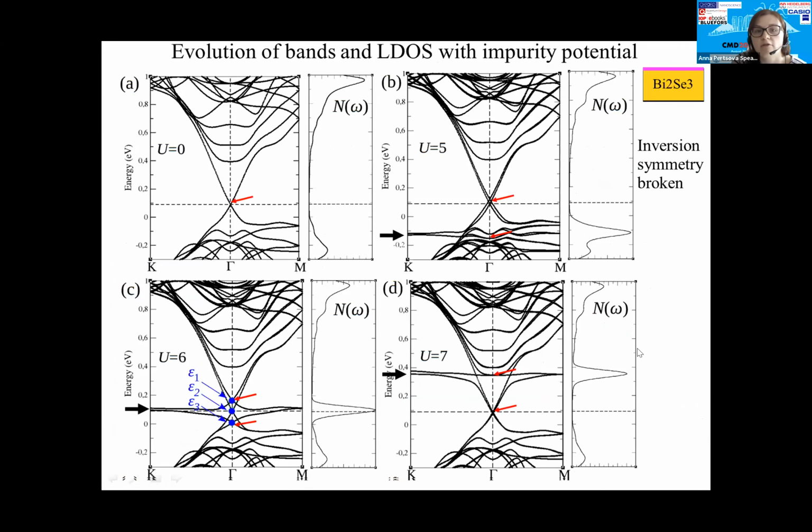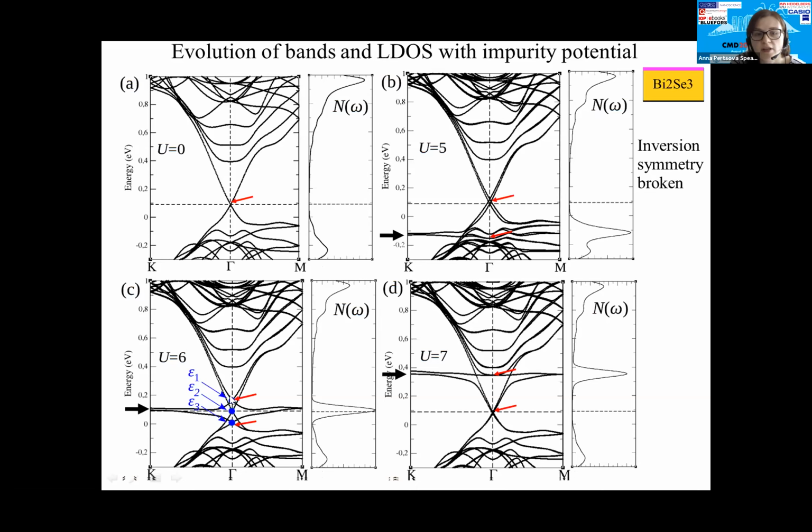If we look at the evolution of the electronic structure with impurity potential, we start with the pristine case, and then we switch on the impurity potential, and we see that the impurity band emerges from the valence band.